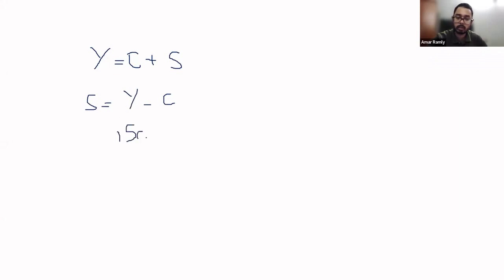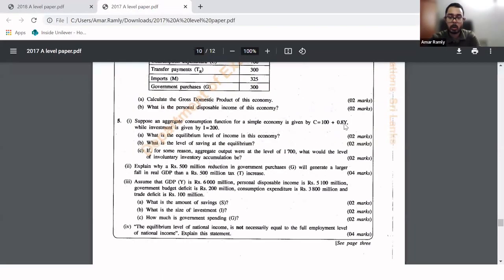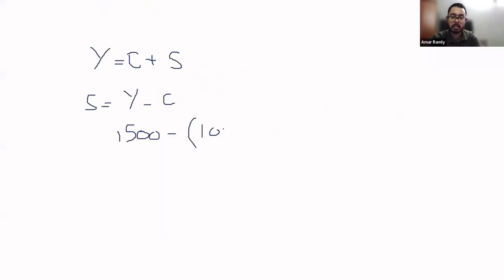1,500. Consumption: let's have a look at the consumption function one more time, just so that we're clear. 100 plus 0.8Y, so it will be 100 plus 0.8 of 1500.